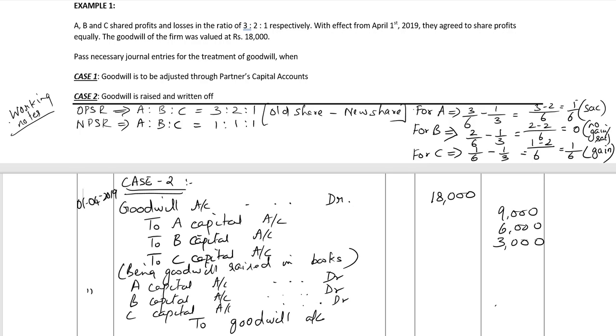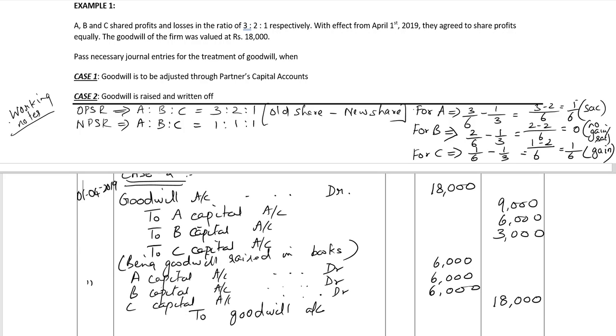Against goodwill account, the goodwill of the firm is credited, and this will be divided among A, B and C in their new profit sharing ratio, which is 1:1:1. So it comes up to 6,000 per partner. And the narration being goodwill written off.